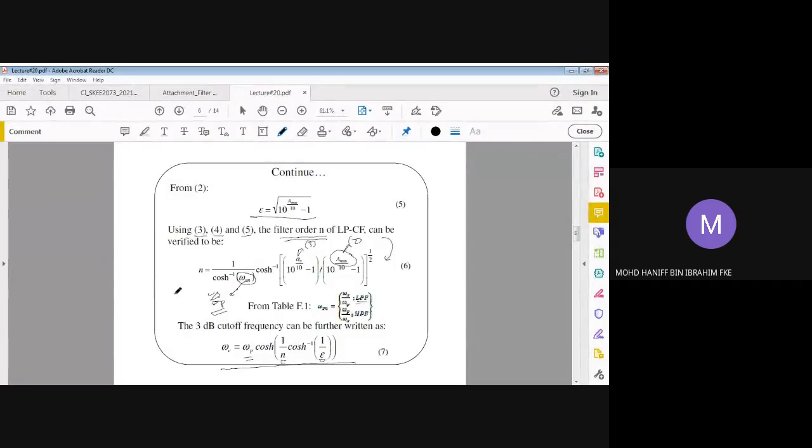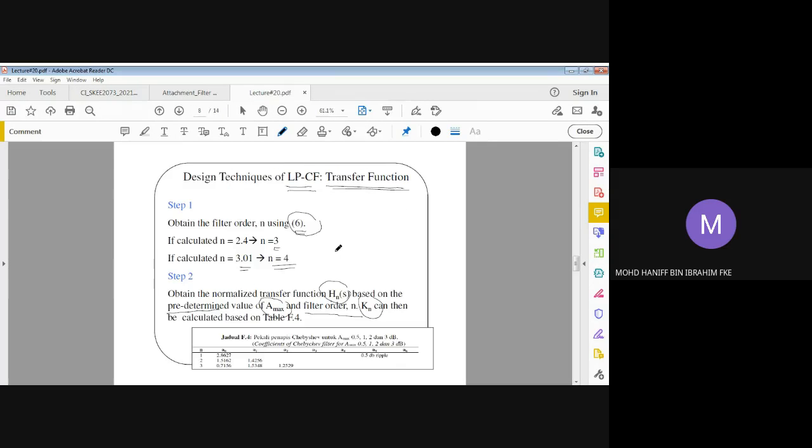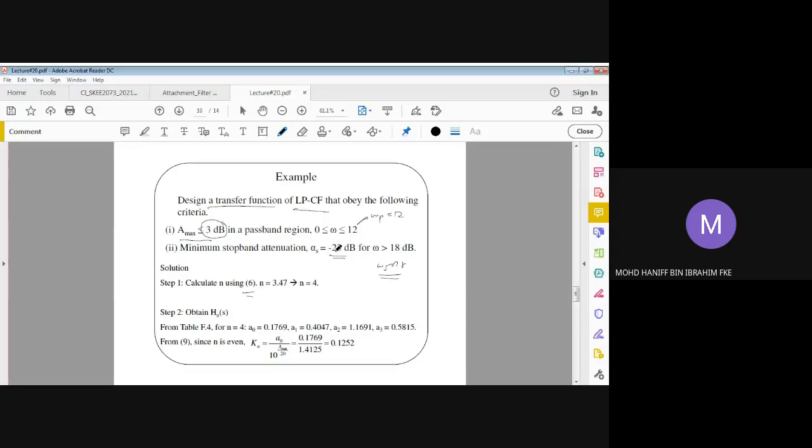So we are supposed to substitute the values given in the question. Then you are given the alpha_S and also the A_max. So these are the four important parameters that need to be substituted in equation 6: omega_S, omega_P, alpha_S and A_max.